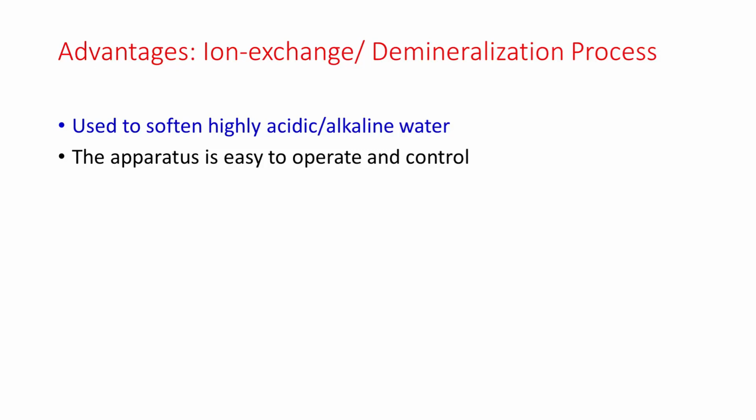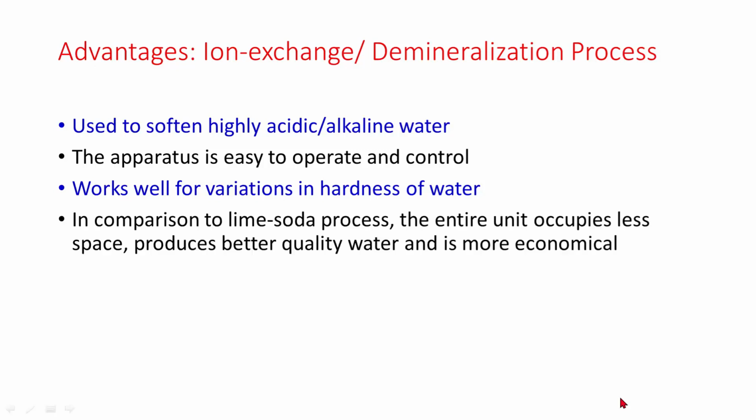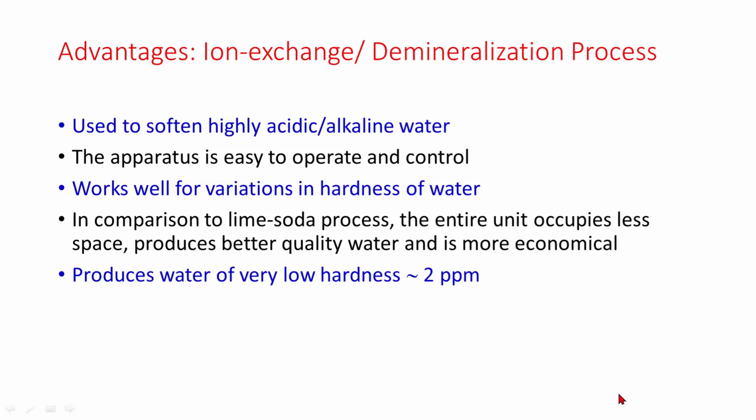The apparatus is easy to operate and control, and works well for variations in hardness of water. In comparison to the lime soda process, the entire unit occupies less space, produces better quality water, and is more economical. It produces water of very low hardness, about 2 ppm, very good for use in high pressure boilers.